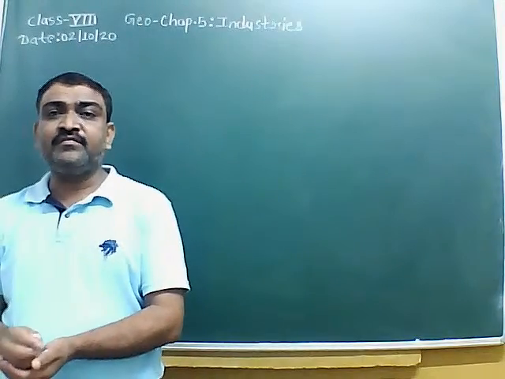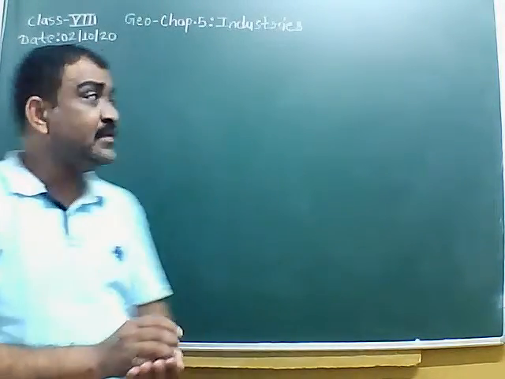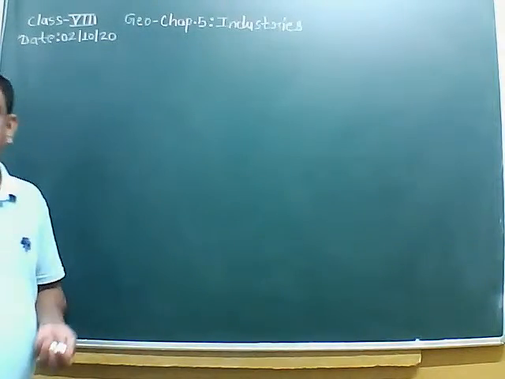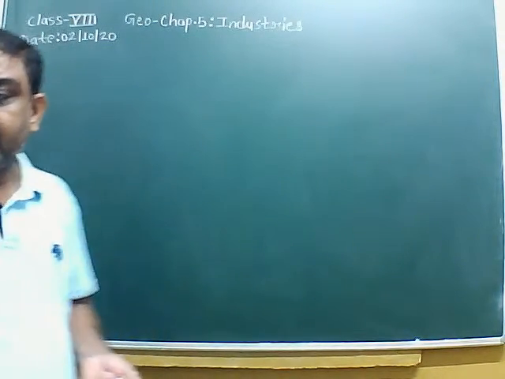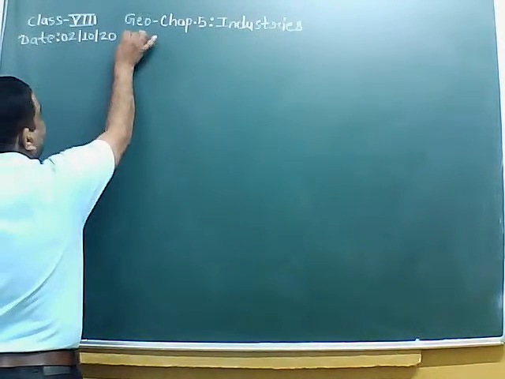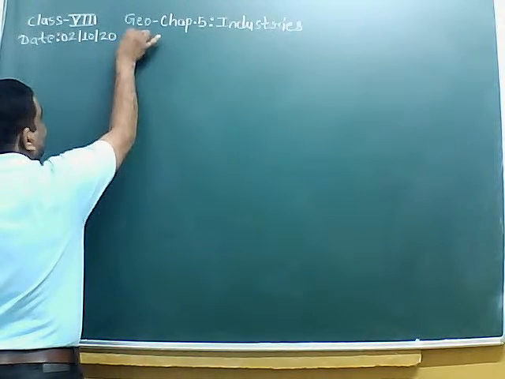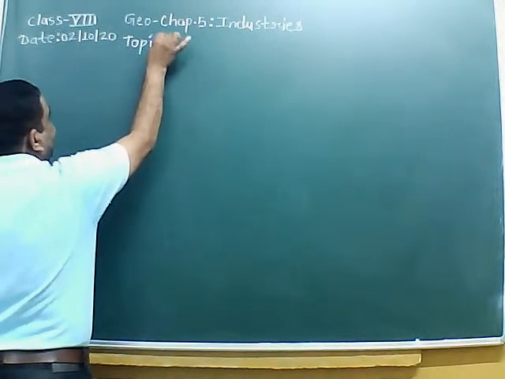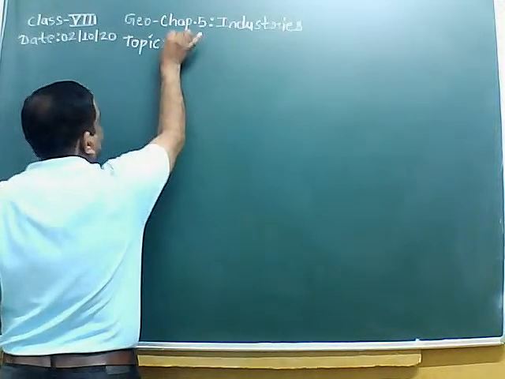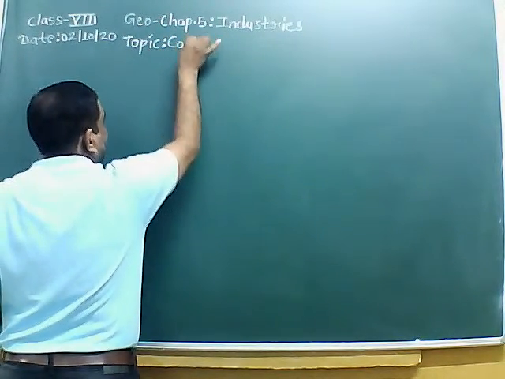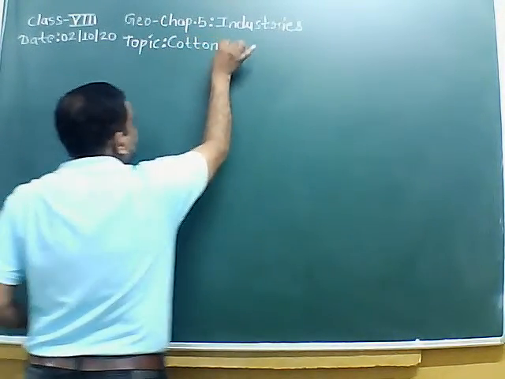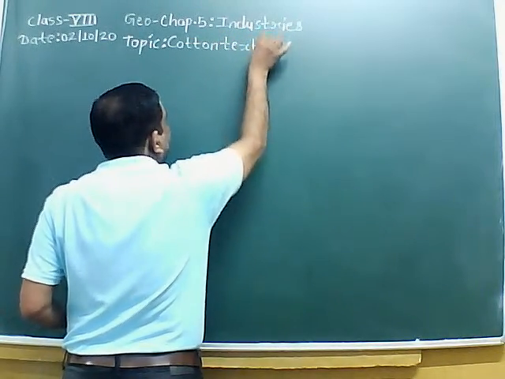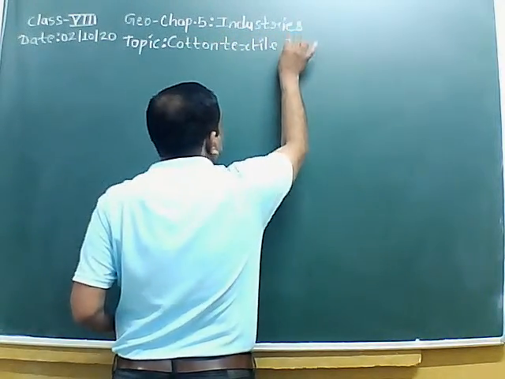So yesterday, friends, we were discussing in our subject geography, chapter number 5, industries. And the topic that we started in yesterday's session is the cotton textile industry.